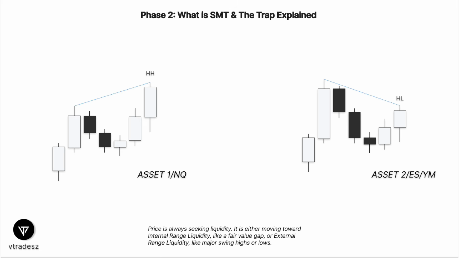It is either moving toward internal range liquidity, like a fair value gap, or external range liquidity, like major swing highs or lows. If the higher time frame draw on liquidity has not been met yet, any SMT you see is just a speed bump. It's institutional manipulation, not a reversal. If you short that SMT, you become the liquidity.